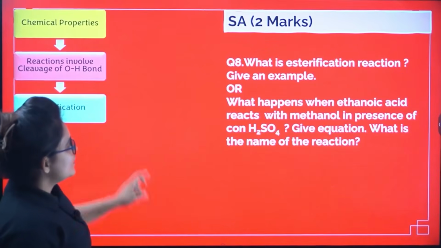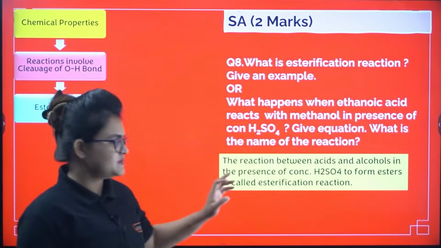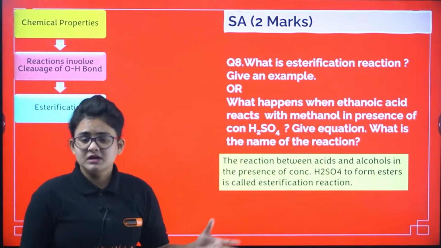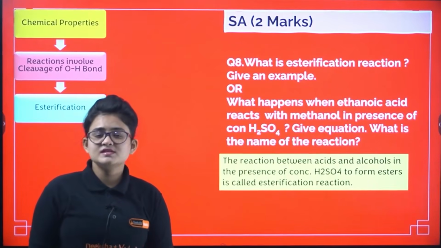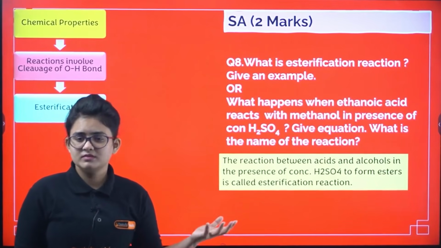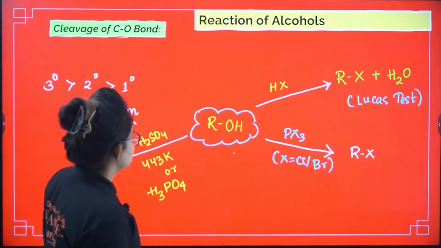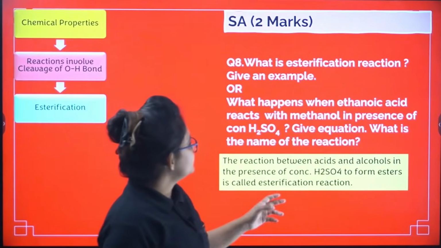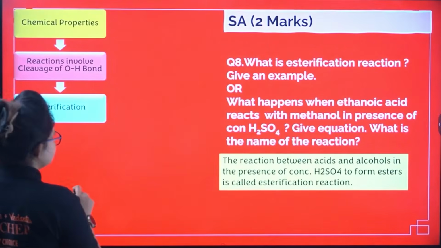What is the esterification reaction? Give an example. Esterification is basically the reaction between a carboxylic acid and an alcohol in the presence of a catalytic amount of H plus. What happens when ethanoic acid reacts with methanol in the presence of H2SO4? Definitely esterification takes place.